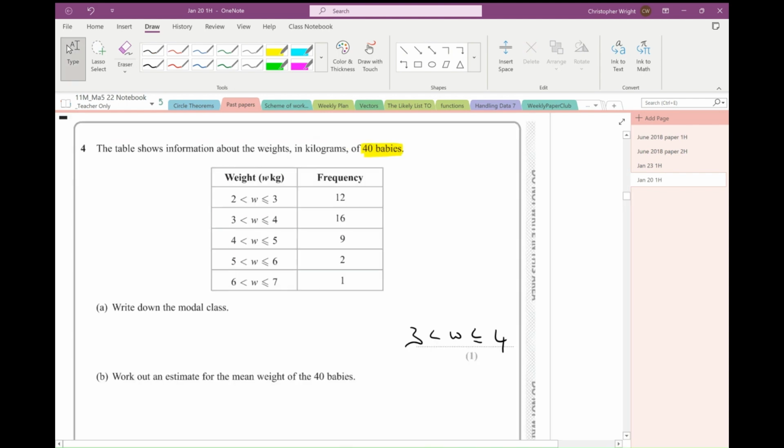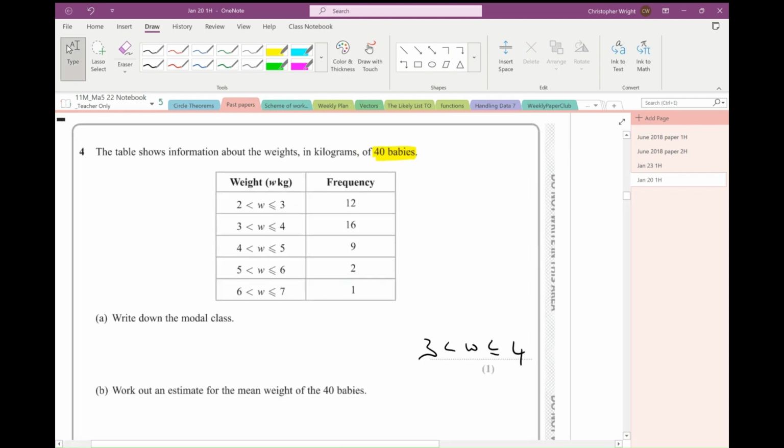Right, so I'm going to need the midpoints here. So I'm going to have 2.5, 12 2.5s gives me 30. 2.5 times 12 equals 30. Then I've got 3.5, I've got 4.5, 5.5, 6.5.